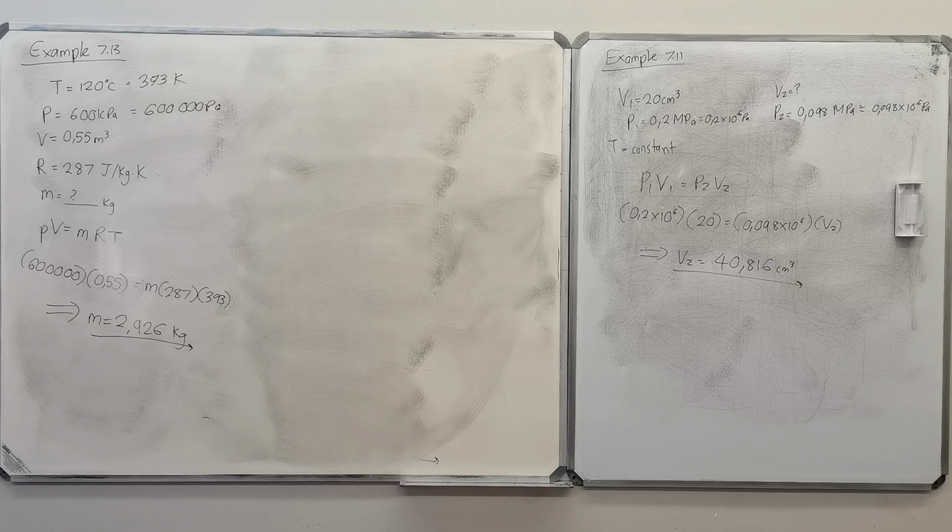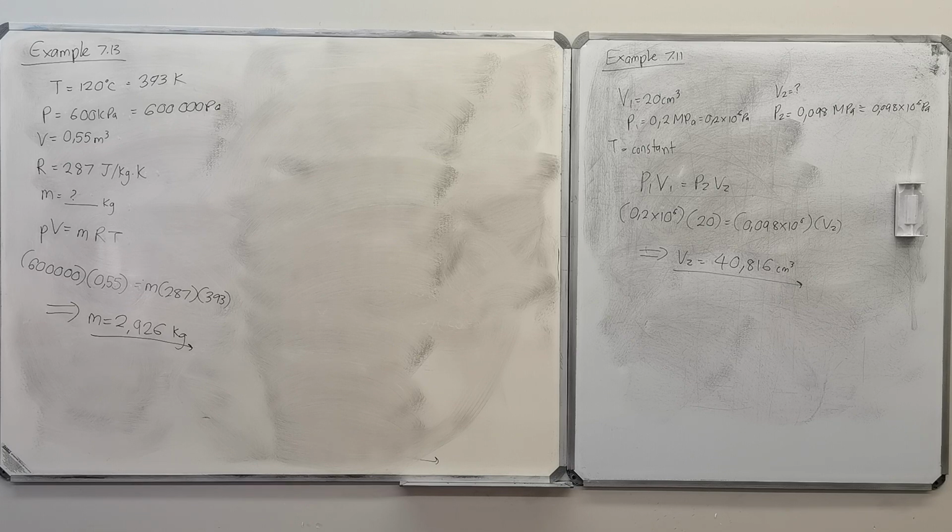Yeah. Next, another way they can catch you is they'll tell you a volume of a gas is at 3 kPa and the volume is 0.5 meter cubed, with a temperature of 280 Kelvin.